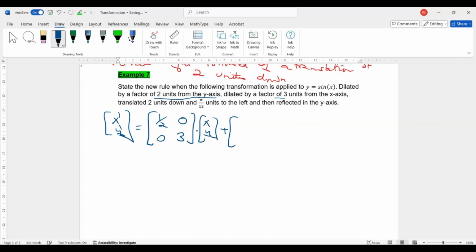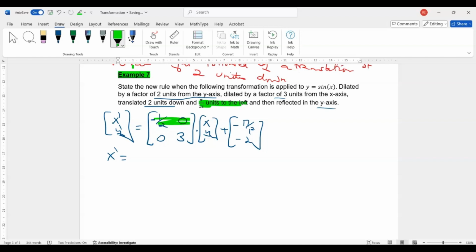Plus we add the translation. So it has been translated pi over 12 to the left, so that's going to be negative pi on 12, and 2 units down. Reflection on the y-axis changes the x. So let's get x, the image. So we multiply this to that.